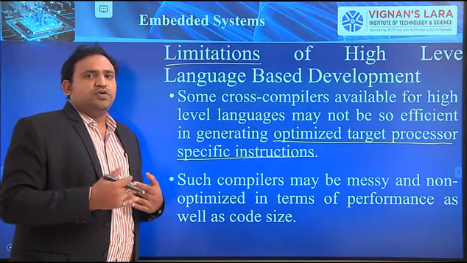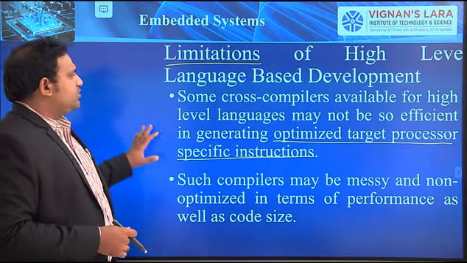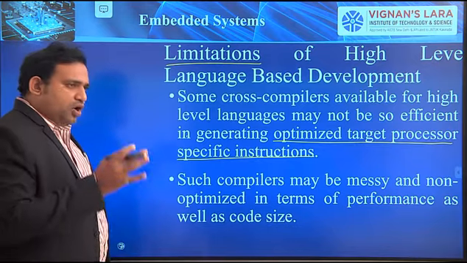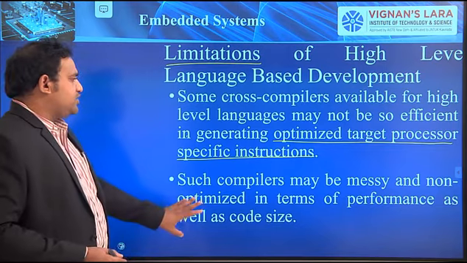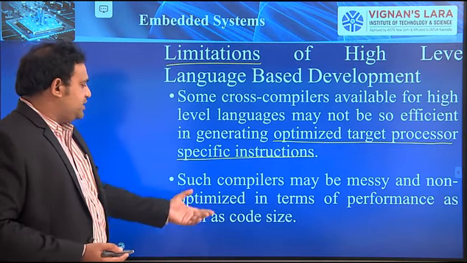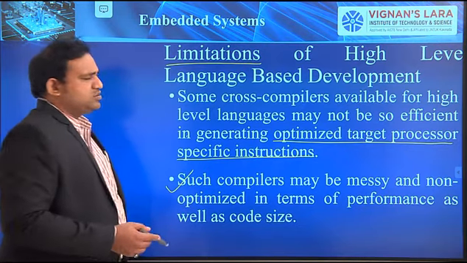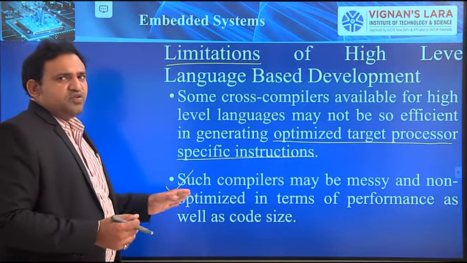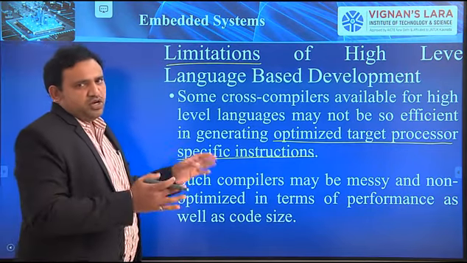The software tool provides the compiler or the cross compiler. So some are not that efficient and may not provide optimization with respect to the processor. Such compilers may be messy, with no optimization in terms of performance as well as code size. So these are some limitations with only some specific software tools or some specific cross compilers.